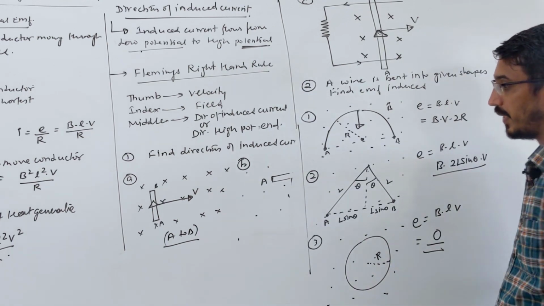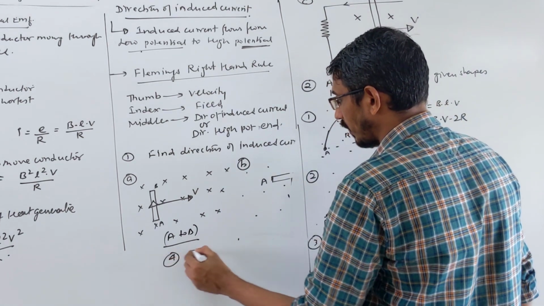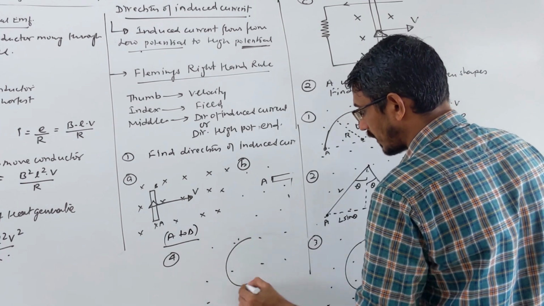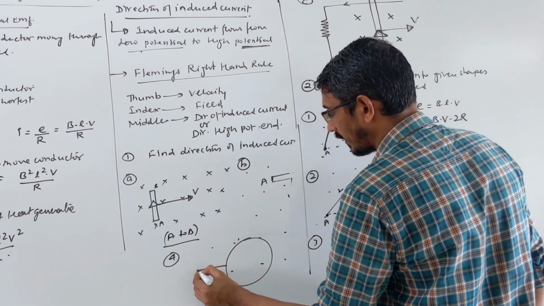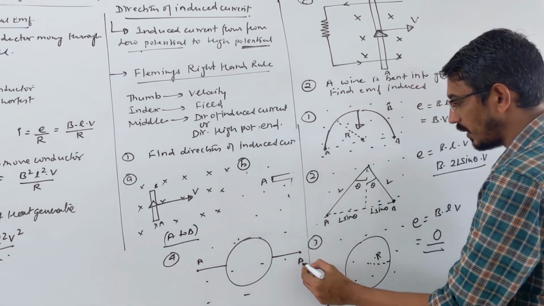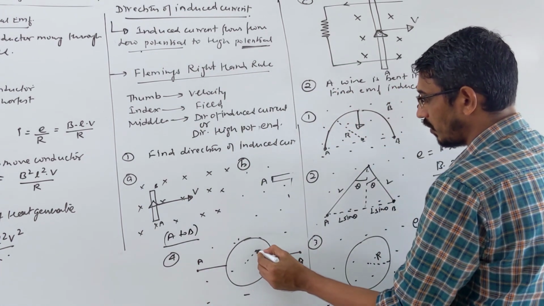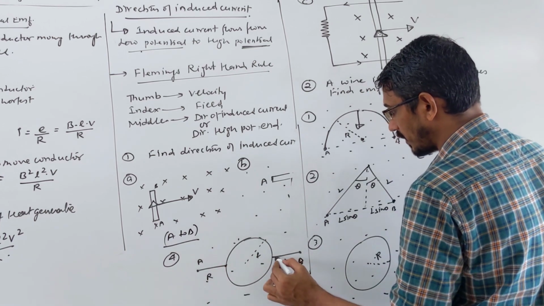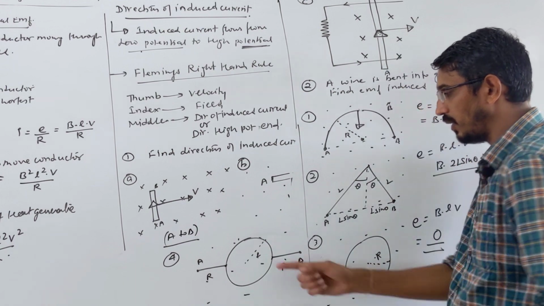But the same question I ask you this way. It's a circle, then I give some length here, like this end A and this end B. Suppose the radius of this loop is given as R, that distance suppose from here to here I give R, that distance also suppose R. Now it will not be 0.